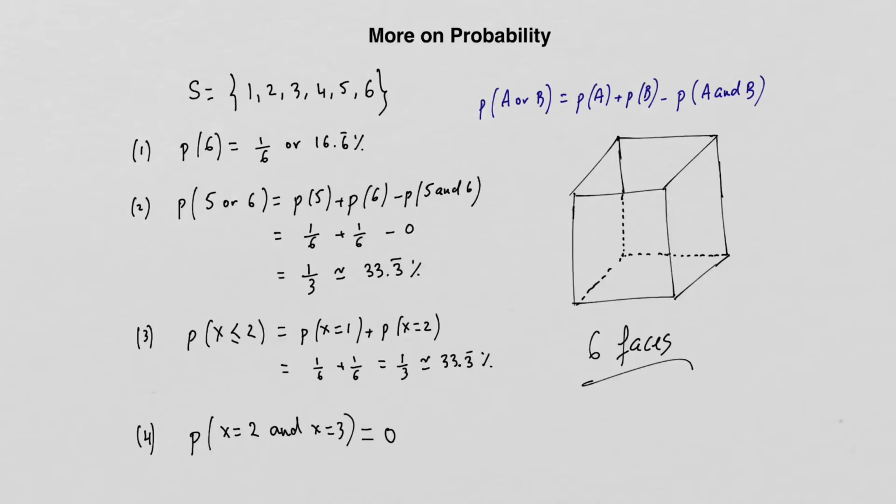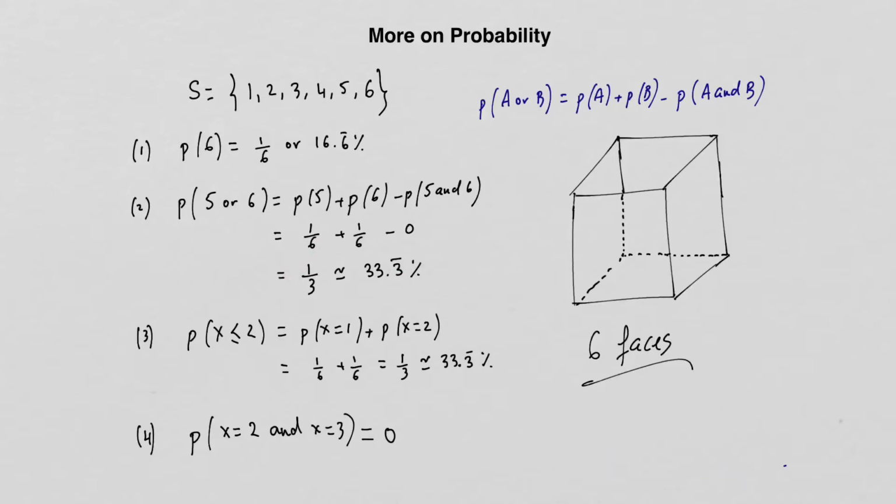Because 33.3 is different from 33.3 bar. This one is 33.333 infinitely many threes. This one is 33.3000000. So it's not correct to say 33.3. So I would say 33.3 bar, or just leave it as 1/3, okay?